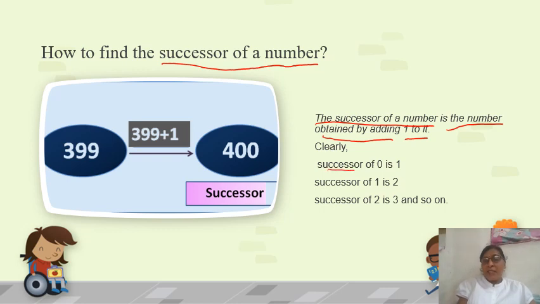Clearly, the successor of 0 is 0 plus 1, 1. Successor of 1 is 1 plus 1, 2. Successor of 2 is 2 plus 1, 3.